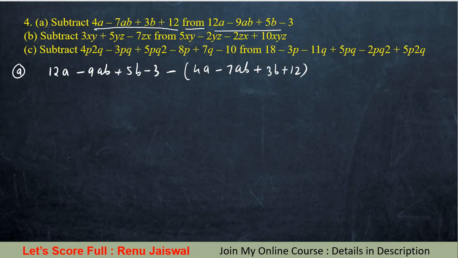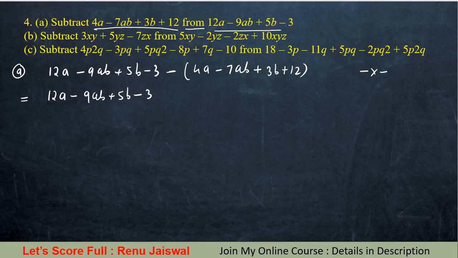Why did I write it in a bracket? This minus sign is going to change all the signs inside the bracket. So the next step is 12a minus 9ab plus 5b minus 3. As there is a minus sign, all the signs will change. Why so?